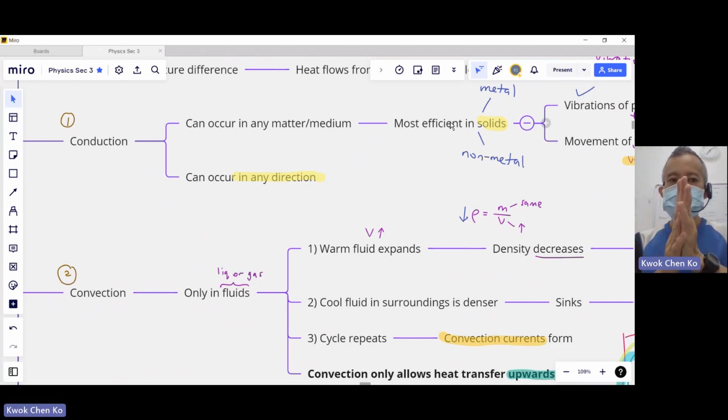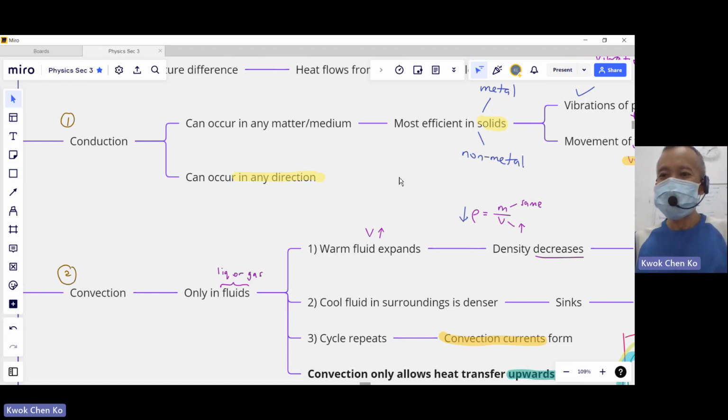They may ask why it is most efficient in solid. Because particles are closer together, so the vibrations can easily propagate from one atom to another and hit a nearby neighbor. Heat transfer is faster.